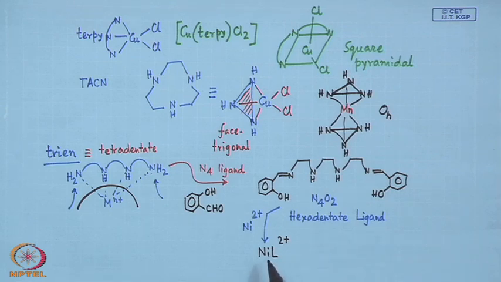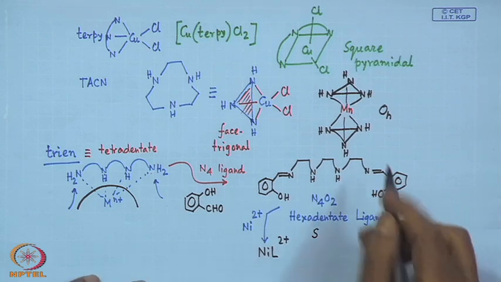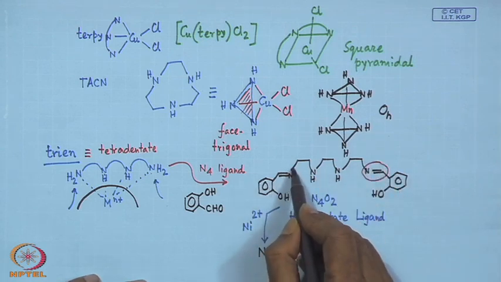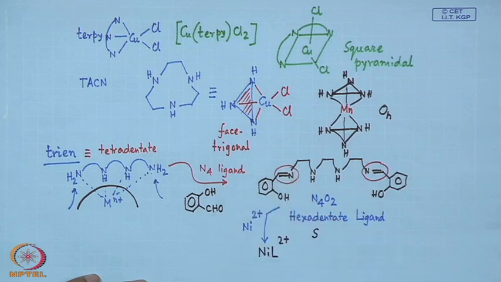So, an octahedral nickel compound can be obtained from a simple condensation product of Trien and salicylaldehyde, and this ligand has a corresponding imine backbone. So, at the two ends, this particular end and this particular end, we have the imine backbone.